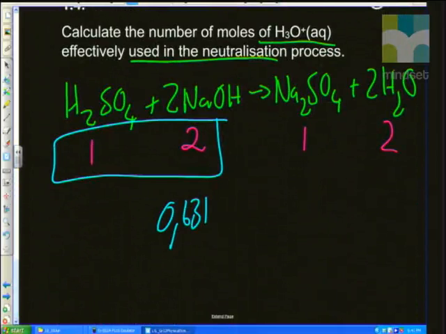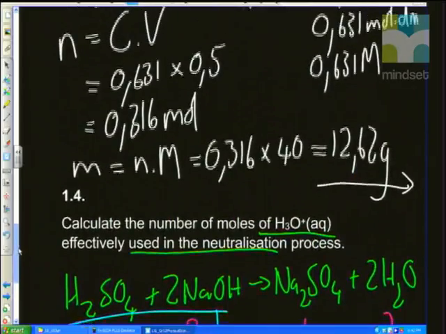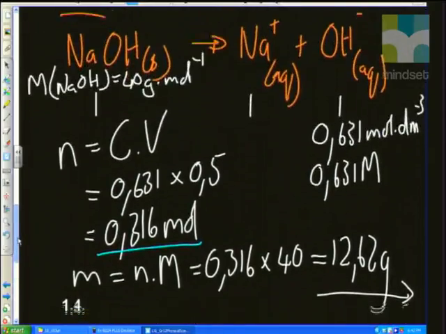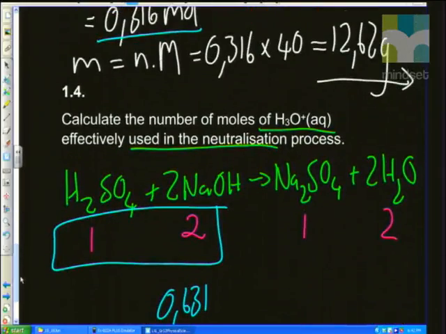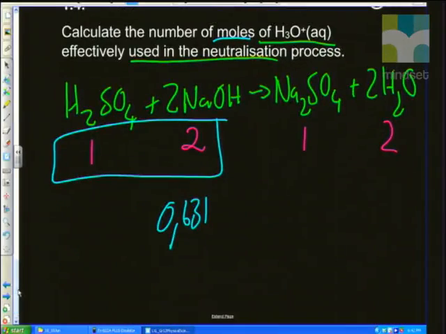Got it? So that means that what we've got is the number of moles. Rather, let's work with number of moles. We've got the number of moles as 0.316. Rather work with that, because we'd prefer to work with number of moles. We will ask and calculate number of moles, so that's better. So let's work with that number, 0.316.